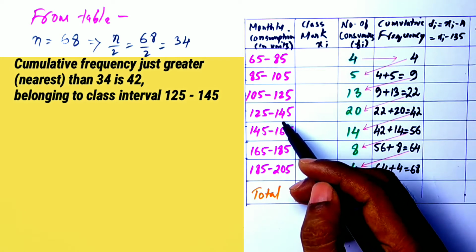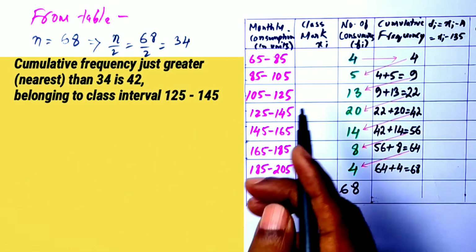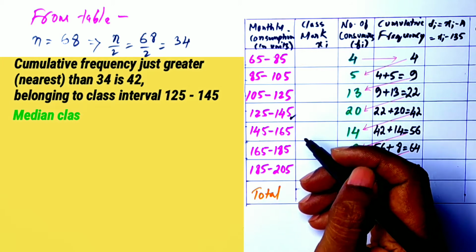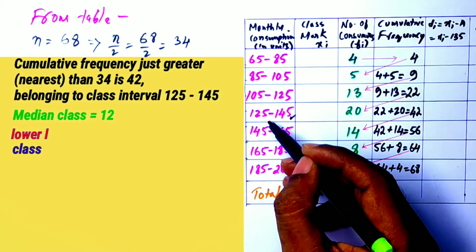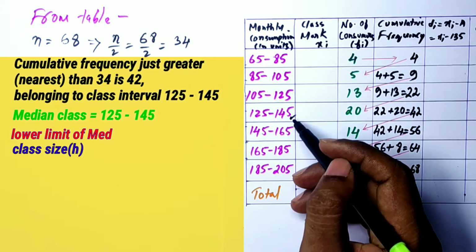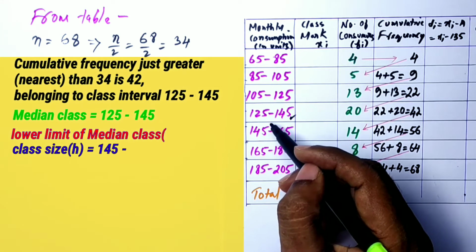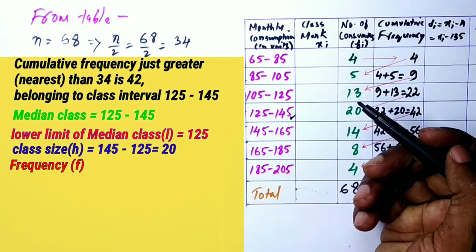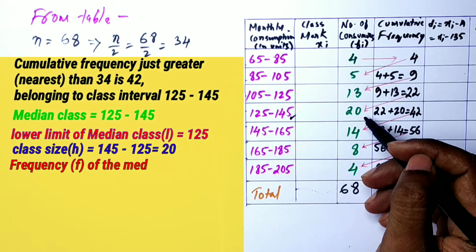So therefore this will be our median class. The lower limit of the median class is 125. The class size will be 145 minus 125, which is 20. The frequency of the median class is 20.